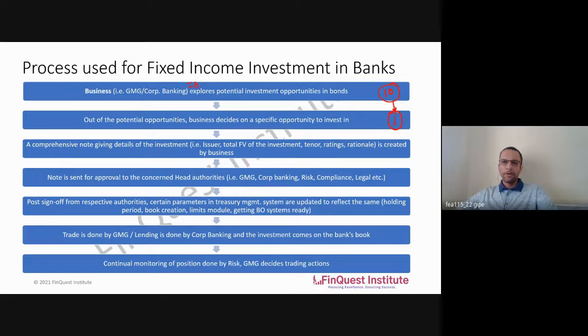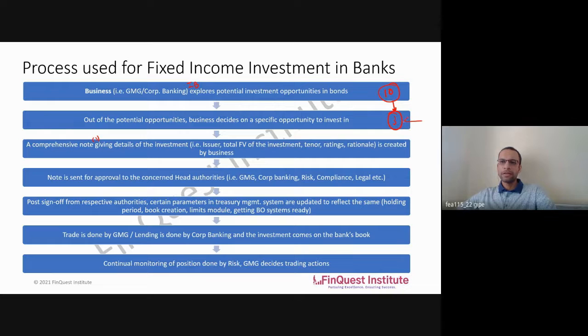Now, they cannot immediately start investing because there is a process which is to be followed. Once these three opportunities have been shortlisted, a comprehensive note or notes have to be prepared, which talk about each of the investments.